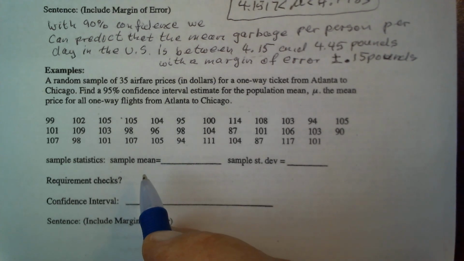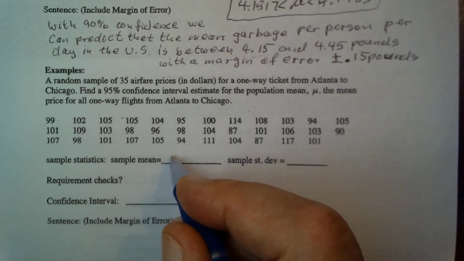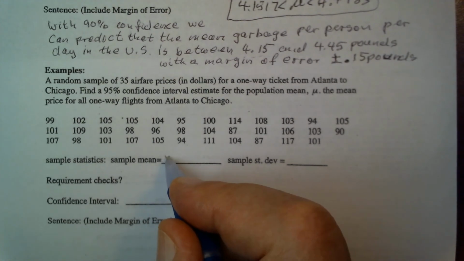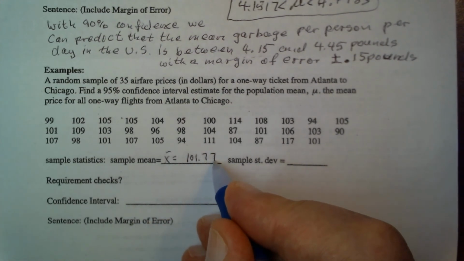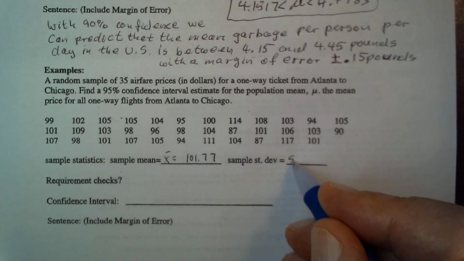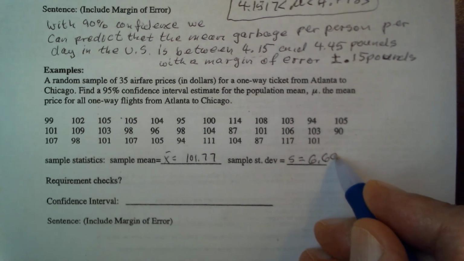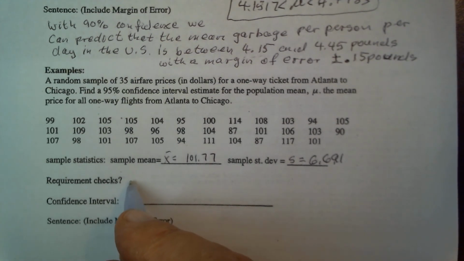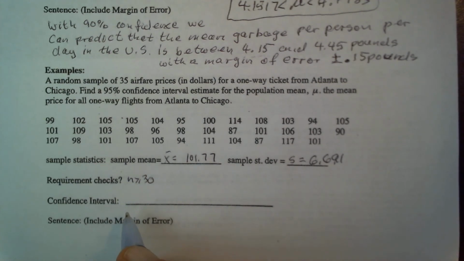the sample mean, and whether you add everything up manually and divide by 35, or use Excel, whatever it is, the sample mean x bar is equal to 101.77, and the sample standard deviation, s, of course, equals 6.691. As far as the requirement checks are concerned, since n is greater than or equal to 30, we are good.